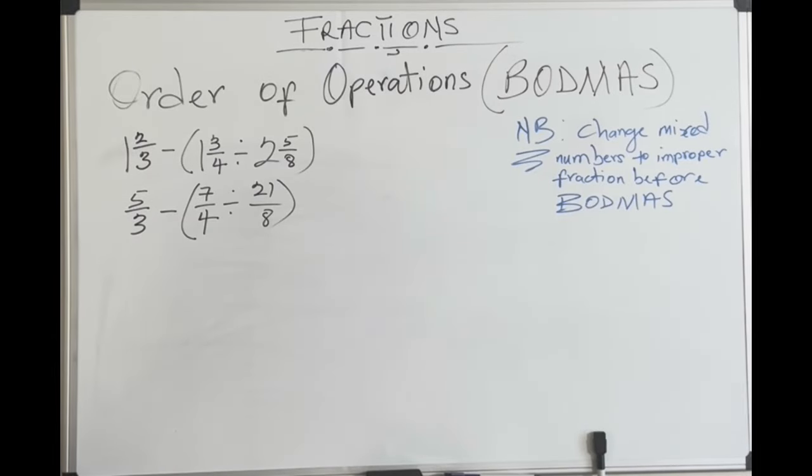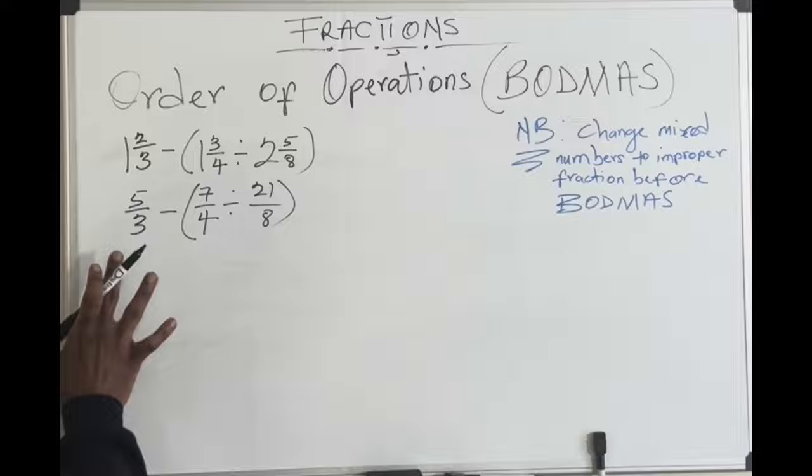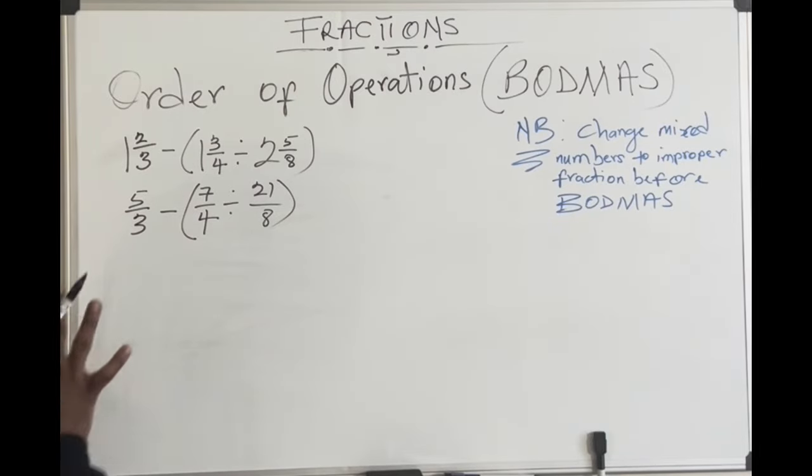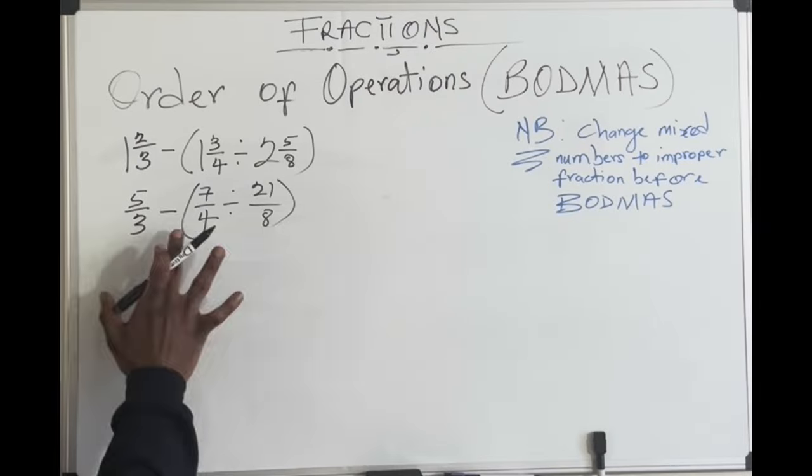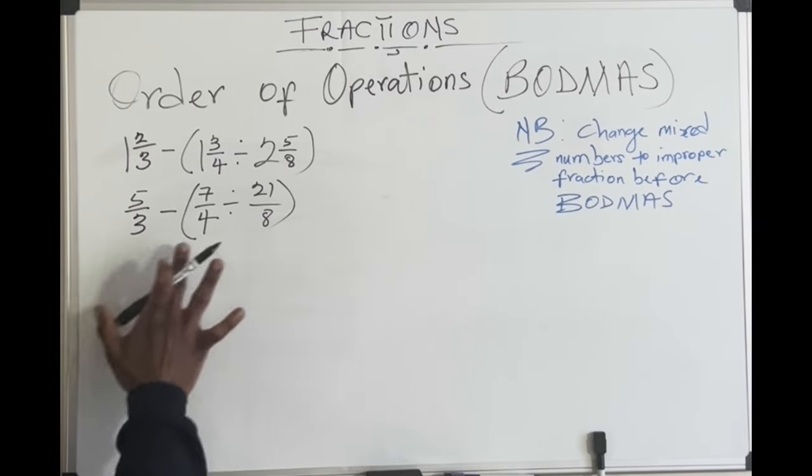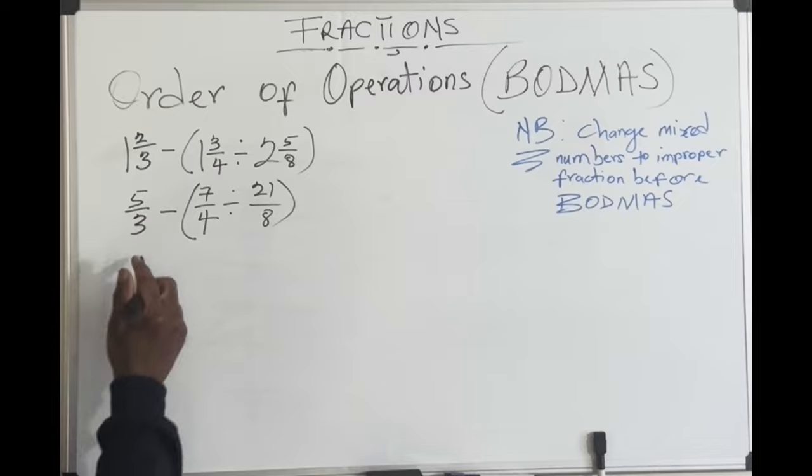Okay, so now we're done with changing mixed numbers to improper fractions. The next step is to deal with the parentheses, the B or the brackets.